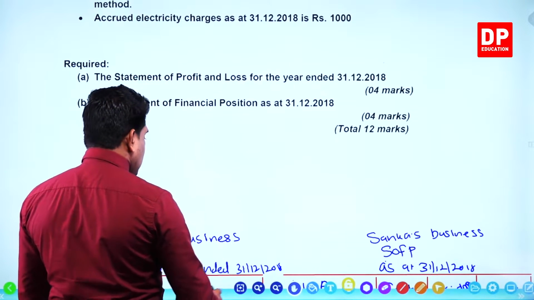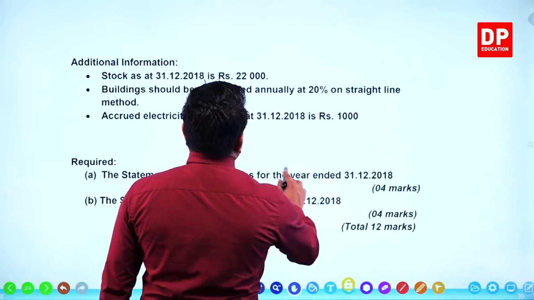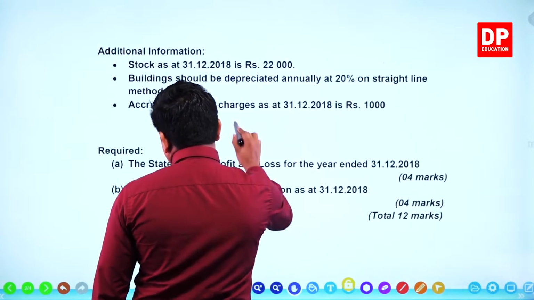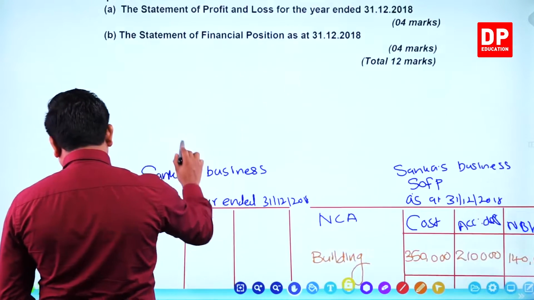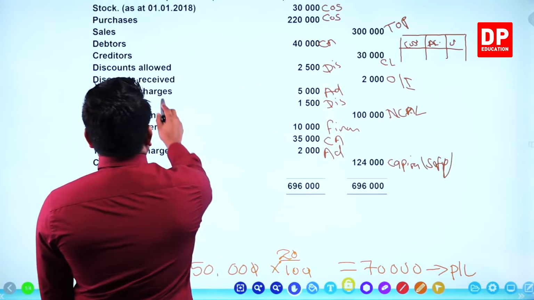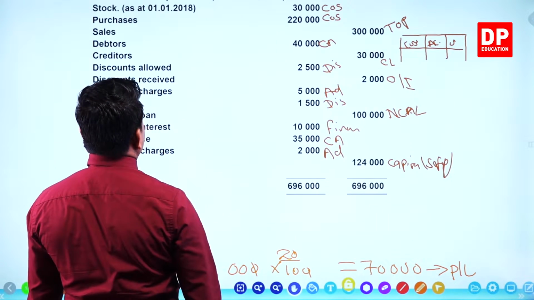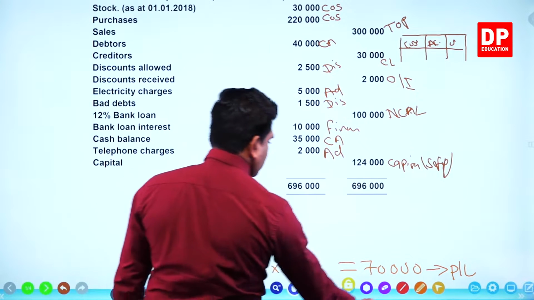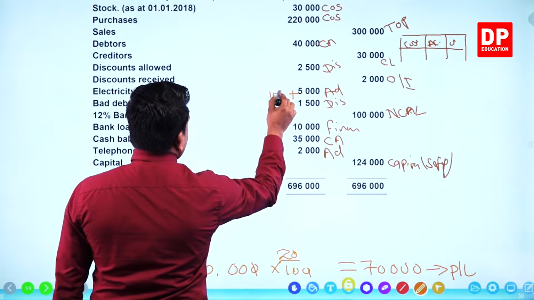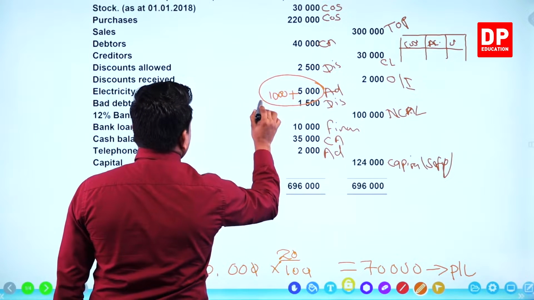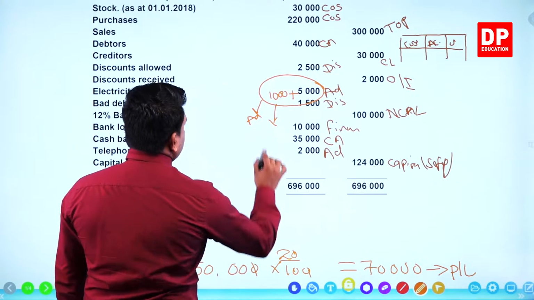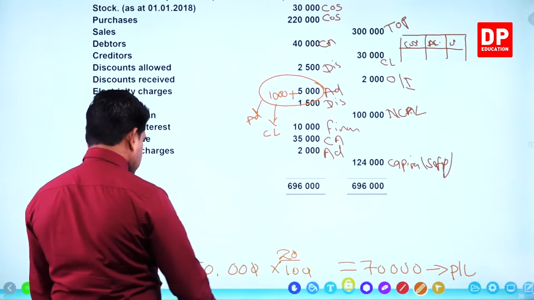Then you see how much the electricity given in the question is, right? Electricity charges 5,000. Check it again. Is it 5,000 or not? Yeah, 5,000, right? 5,000 plus that amount, 1,000, makes 6,000. Where do you write this? Administration, electricity 6,000. But this 1,000 you write as current liability, right?